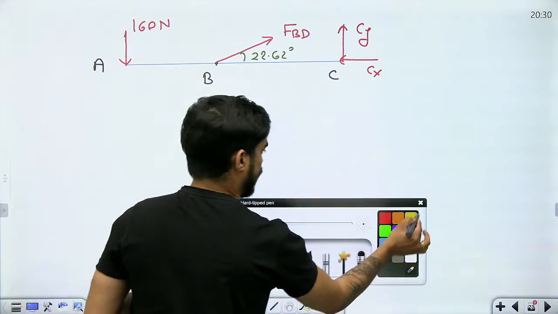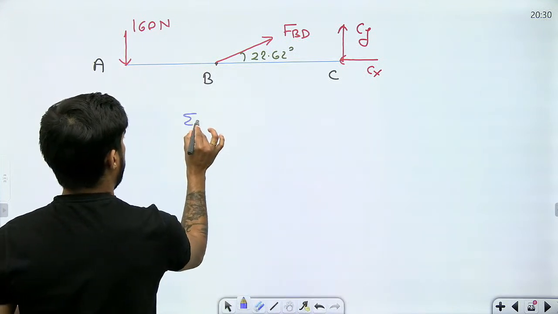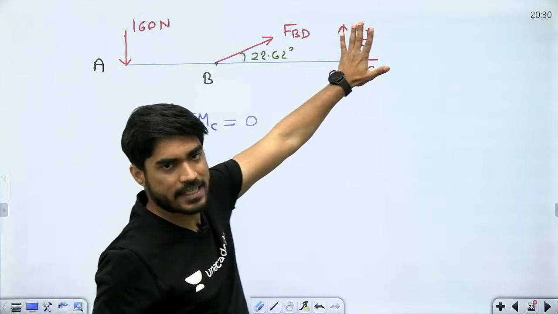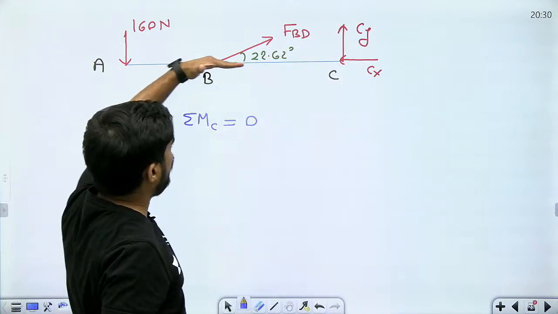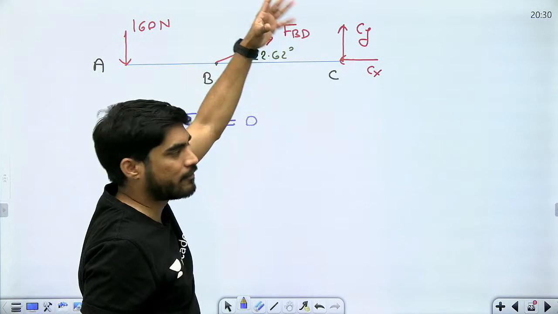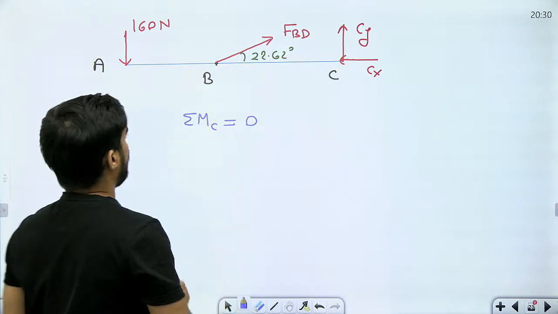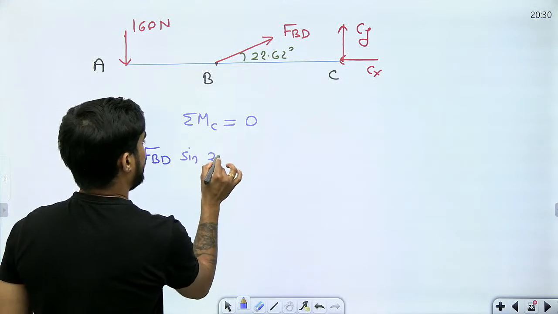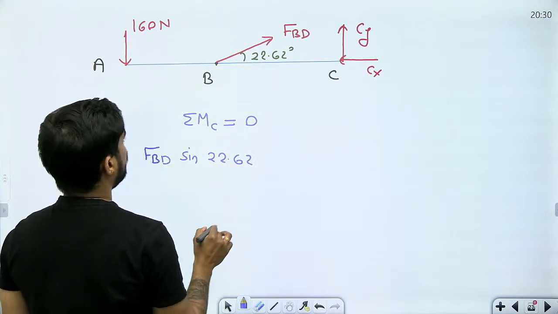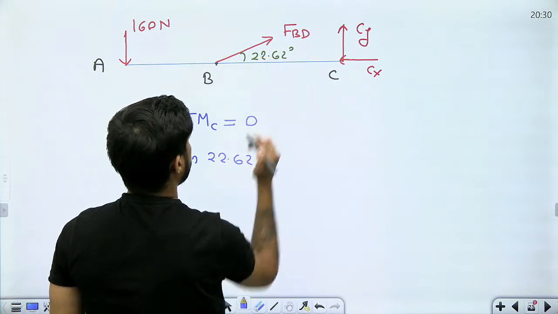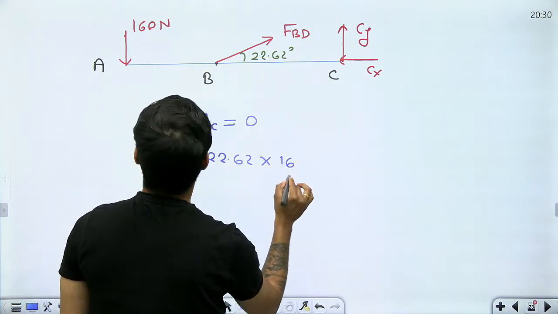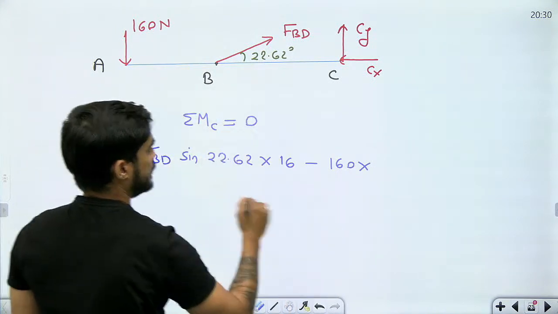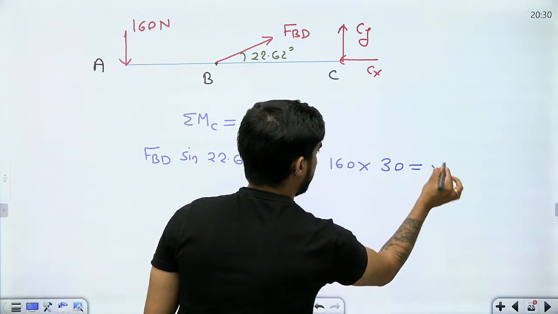Now if I take moment at point C, then the moment of Cx and Cy will be gone. The moment of the cos component of FBD will also be gone. I will get the moment of the sin component of FBD. FBD sin 22.62 multiplied by this distance, 16, minus the moment of 160, 14 plus 16, 30, equals 0.